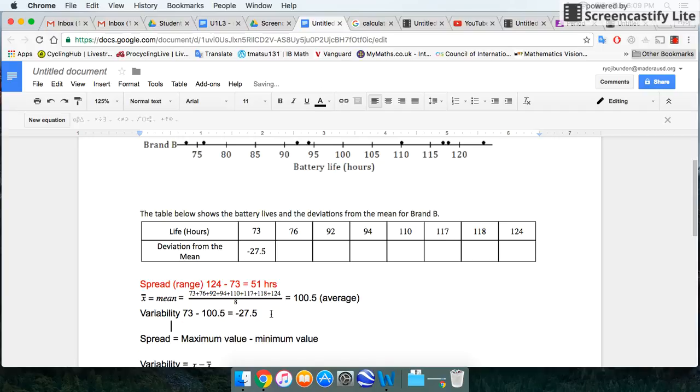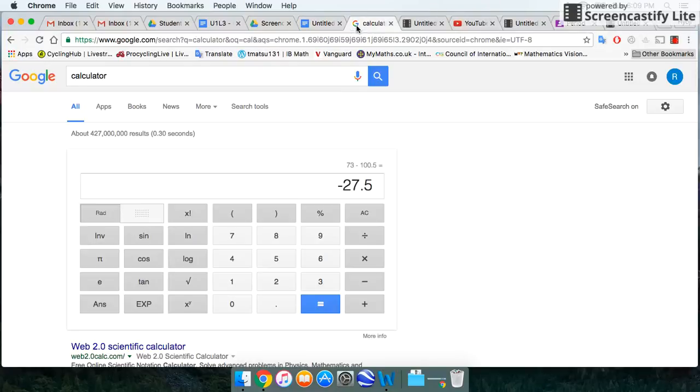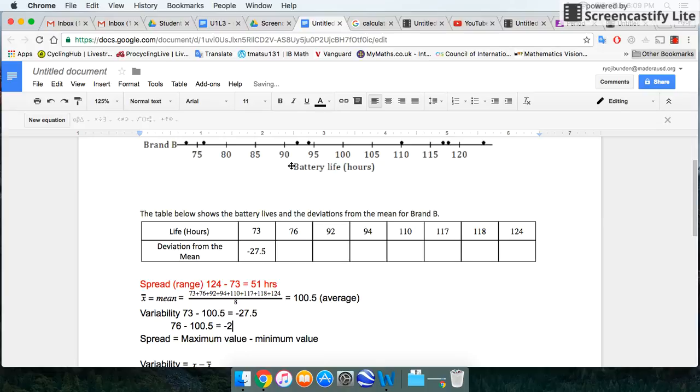Then if we do the next one, 76 minus 100.5, that's negative 24.5. So this battery that lasted 76 hours is negative 24.5 hours below the mean, meaning that it lasted 24.5 hours less than the average.